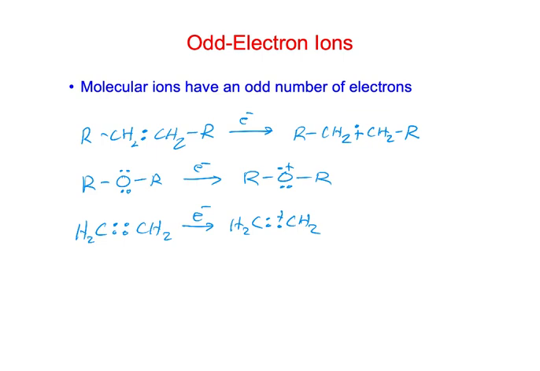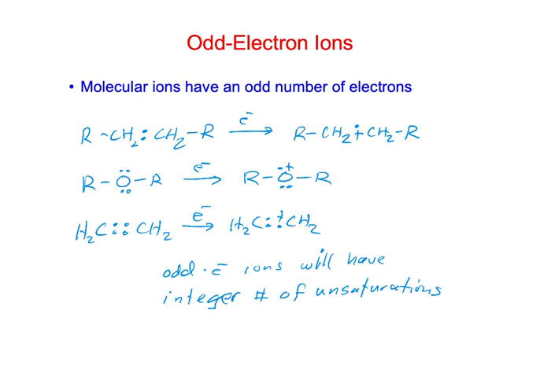So one thing when we're doing our structure determination is that another way to tell if an ion is the molecular ion, if we get a formula from it, is that odd electron ions will have an integer number of unsaturations, if we want to do that calculation.